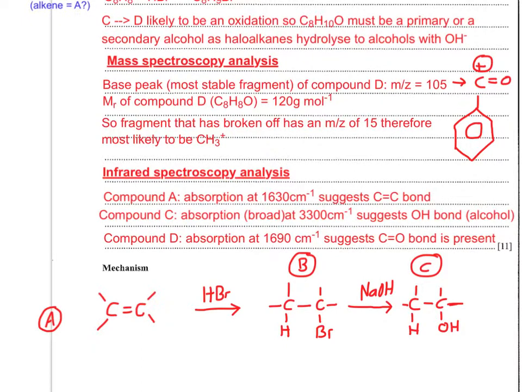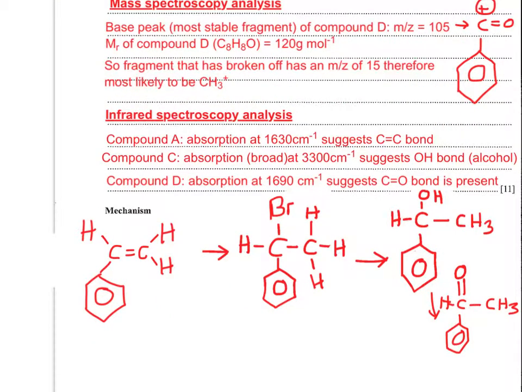So to make it up to 105, I'm proposing that we have a benzene ring with a carbon with a double bond and an oxygen coming off it for compound D. So that must mean that all the other compounds must also have a benzene ring. So our 4 compounds are these here.